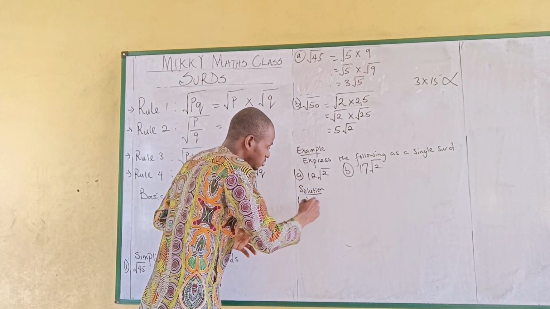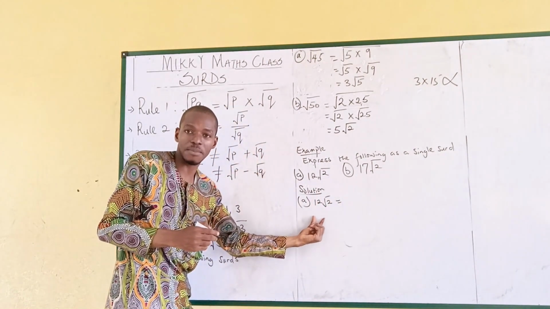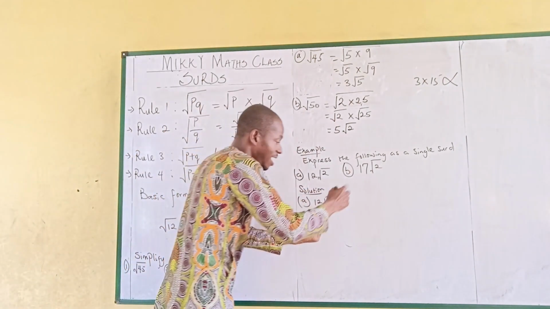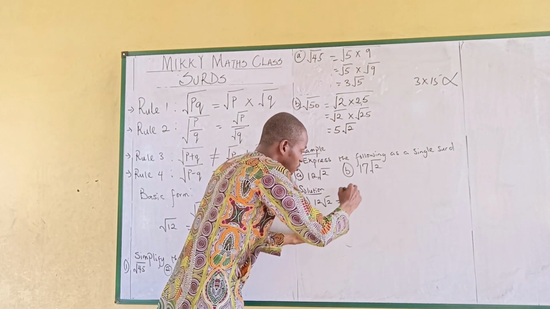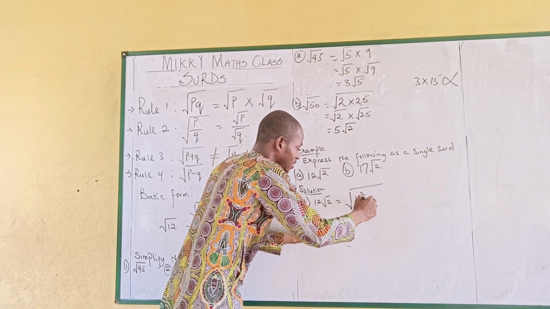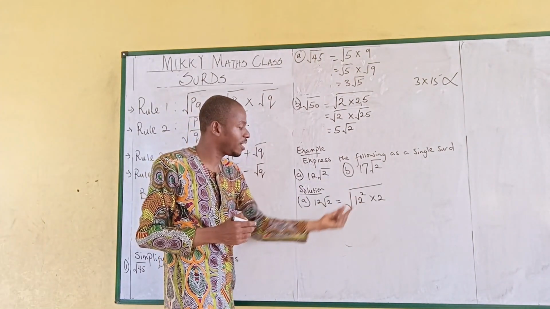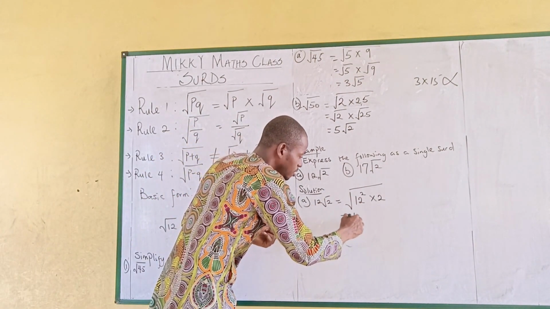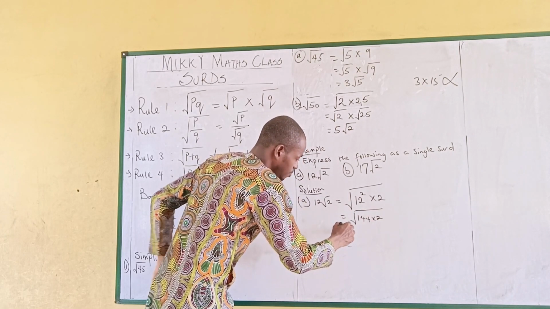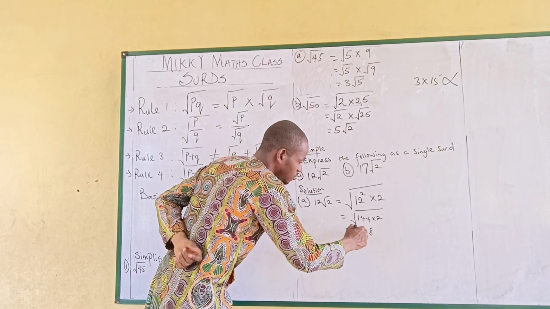So the first one, 12 root 2. I will square this number. What do I mean by square? I will multiply the number by itself and put it under the square root. So that's 12 squared times 2. 12 squared is what? 144. 144 times 2 is 288.